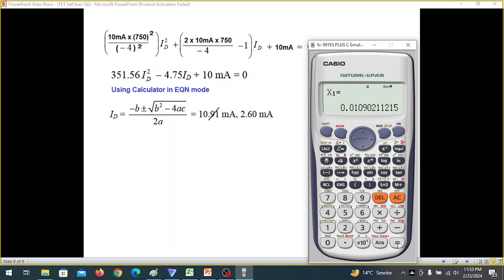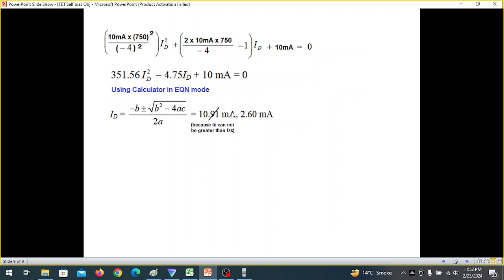The other value, again we press equal sign. So this is the second value, 2.6 milliampere. So these are the two values that we will get by using the calculator.